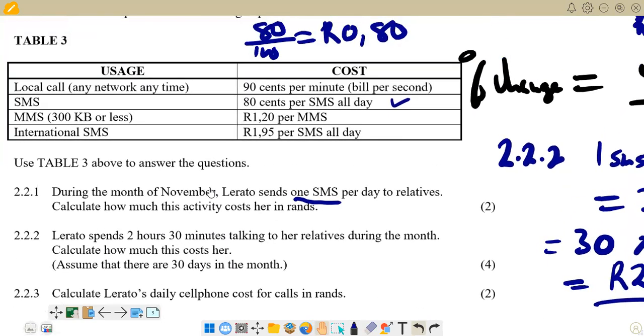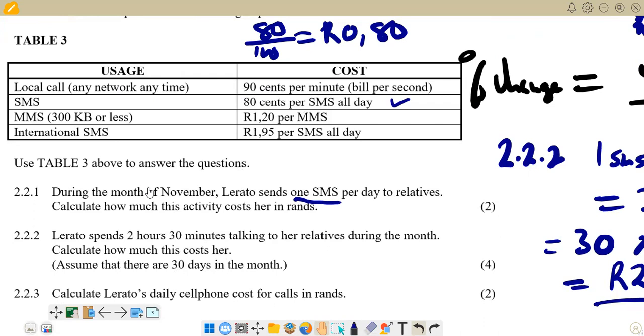If we come here, you see that local call, any network, anytime is 90 cents per minute. So we are given the rate of calling per minute. So we have to convert these hours to minutes, then we add 30 minutes to get the total minutes, and then we multiply by our 90 cents.